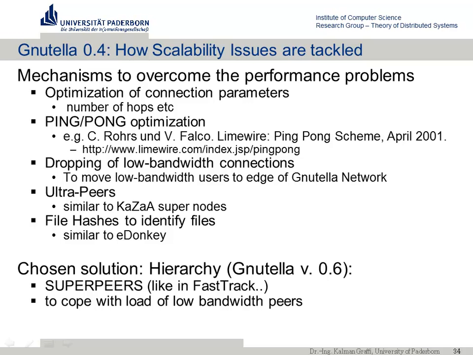So they introduced super peers, and that means they introduced two roles, the normal peers and the super peers. For both of them, they have a dedicated network on how to resolve the queries.